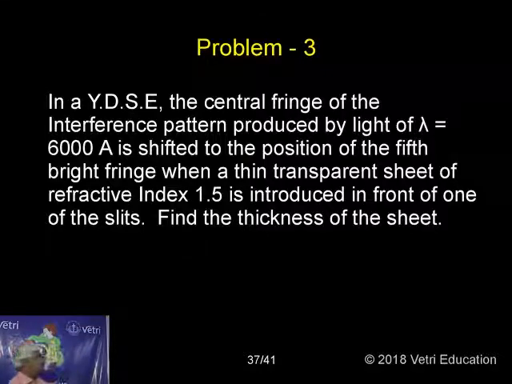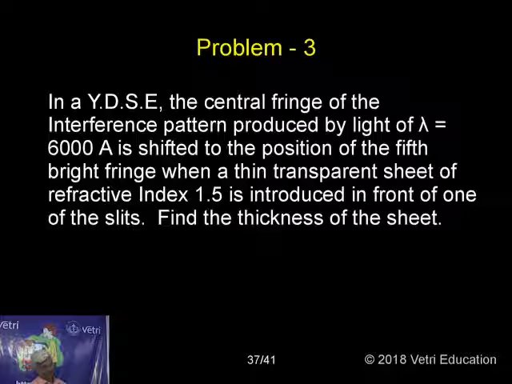Problem number 3. In Young's double slit experiment, the central fringe of the interference pattern produced by light of wavelength 6000 angstrom is shifted to the position of the fifth bright fringe when a thin transparent sheet of refractive index 1.5 is introduced in front of one of the slits.